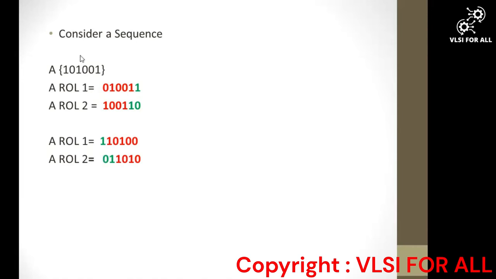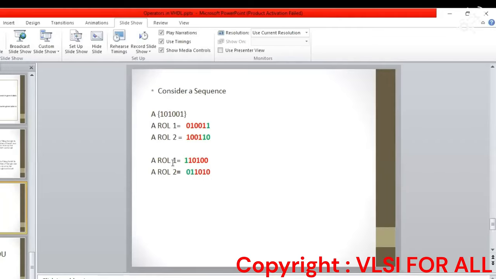So the bits at the rightmost side will come here, 0 and 1. Okay. So here it will be ROR. It is a printing mistake. I will make it correct.